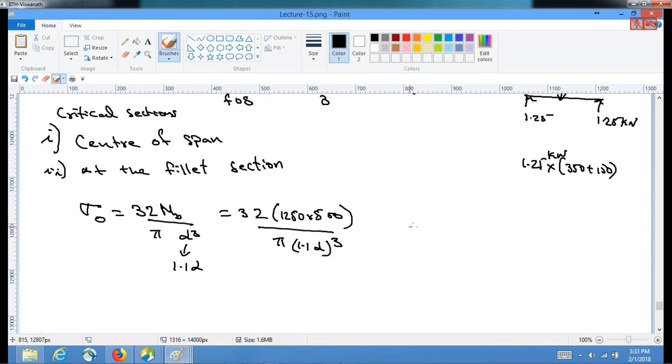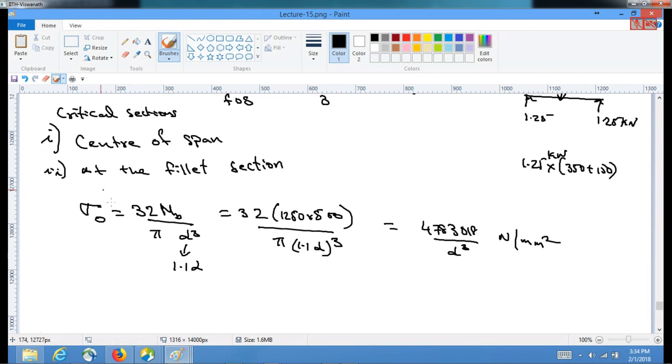That gives you, if you compute it, close to 4783018618 divided by d cube Newton per mm square.